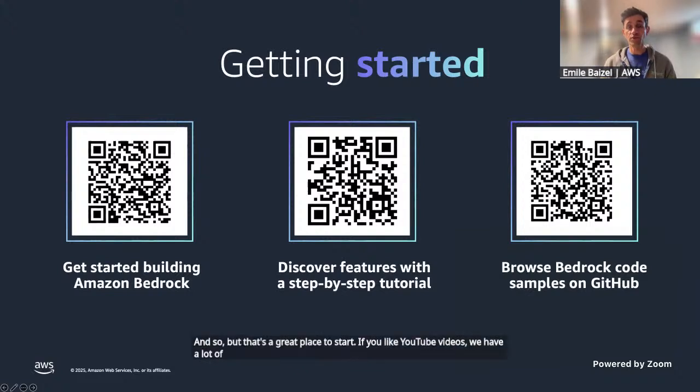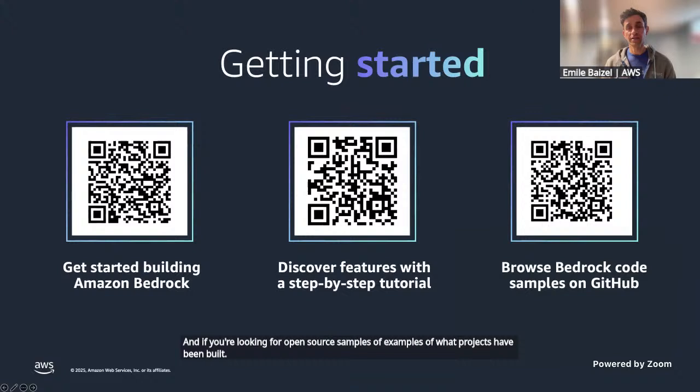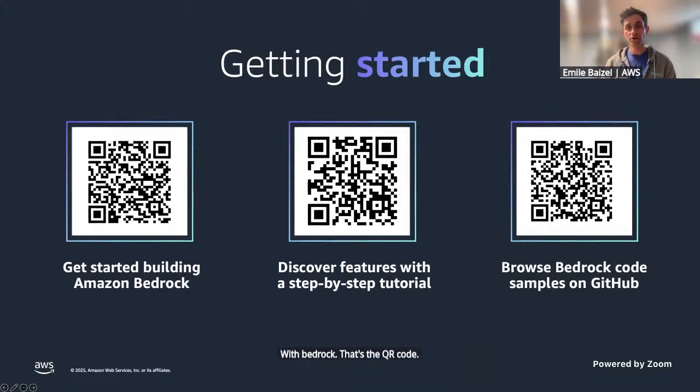That's the one in the middle. It's a step-by-step tutorial. And if you're looking for open source samples of what projects have been built with Bedrock, that's the QR code on the right. It's a pretty broad set of applications and demos which have been built there.